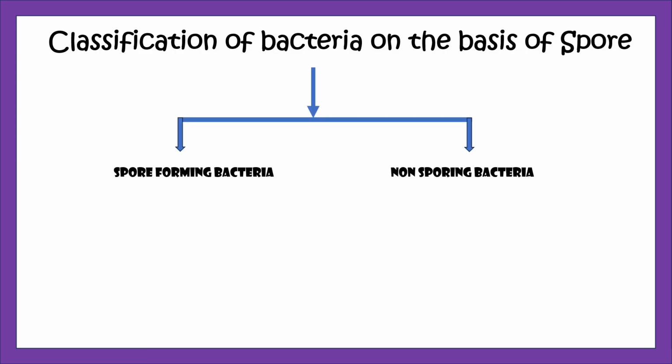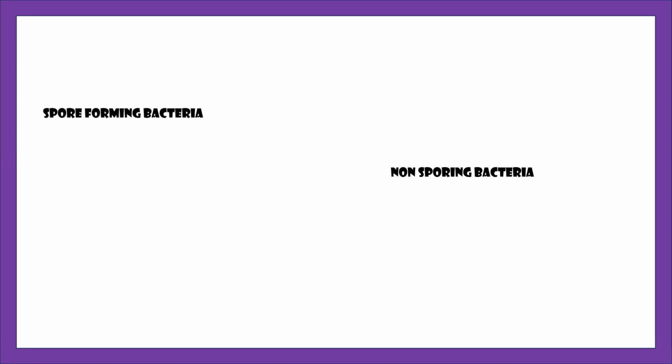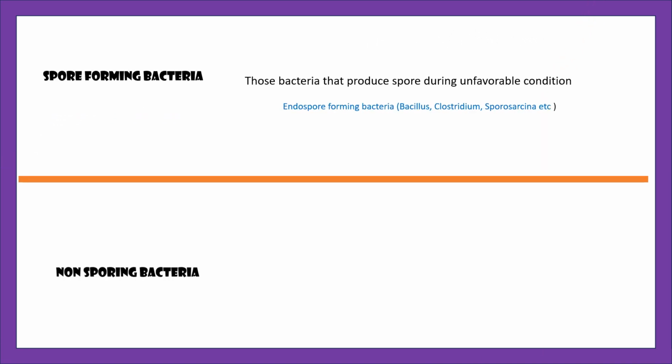Move to the classification of bacteria on the basis of spores, which is spore-forming bacteria and non-spore-forming bacteria. The spore-forming bacteria are those bacteria that produce spores during unfavorable conditions. They are divided into two categories: endospore-forming bacteria and exospore-forming bacteria.